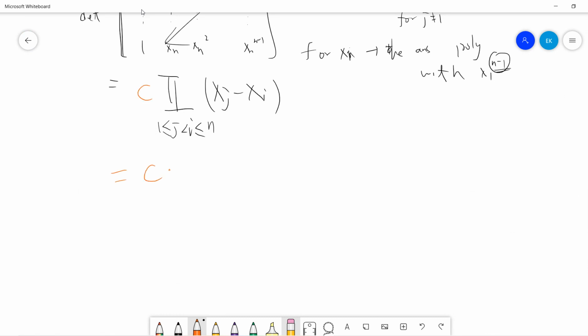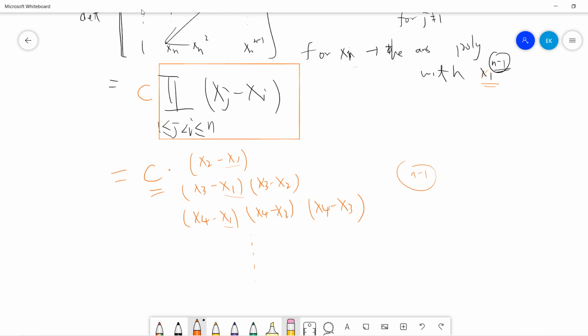The candidate answer must be c times x2 minus x1, x3 minus x1, x3 minus x2, x4 minus x1, x4 minus x2, x4 minus x3, and so on. If you see the power of x1, you get 1, 1, 1, so in total n minus 1. Same for x2 and x3: each gets n minus 1. So the degree already matches, and it matches all the roots.